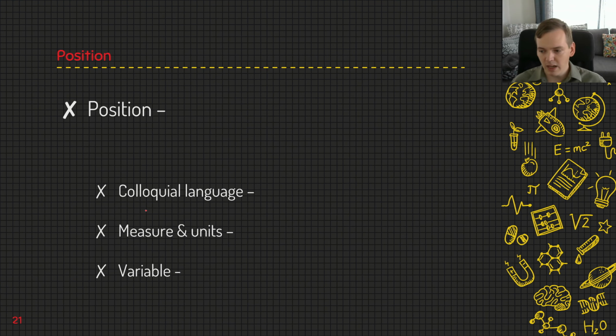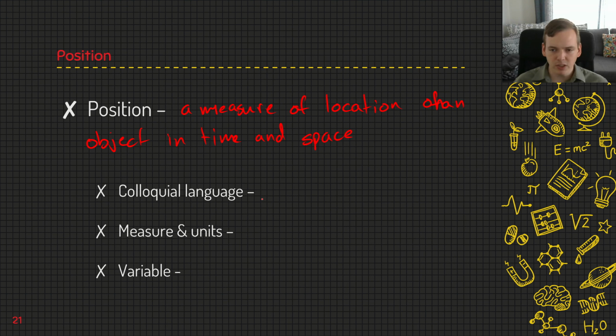So first we have position. Position is a measure of the location of an object in time and space.